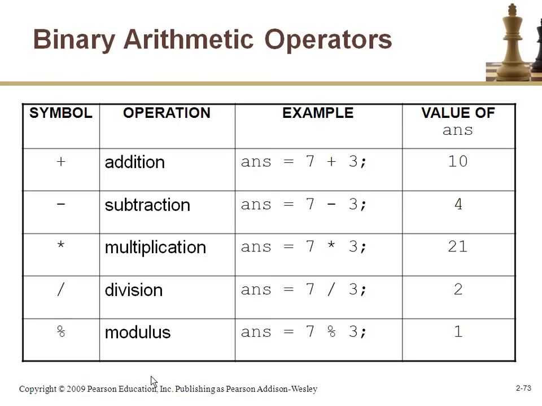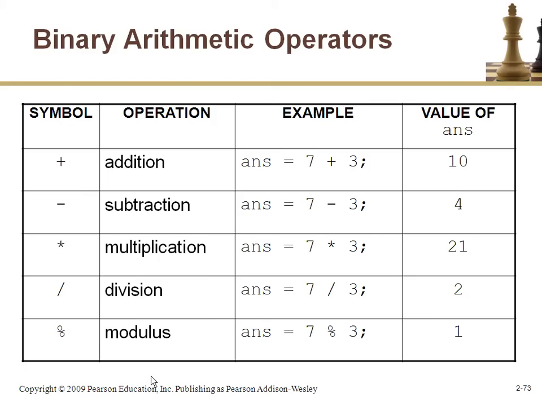Let's look at examples of the binary operators and how they evaluate to a value for one variable. You have the plus for addition, and if you have a statement that says answer equals 7 plus 3 semicolon, the end result for answer would be 10.